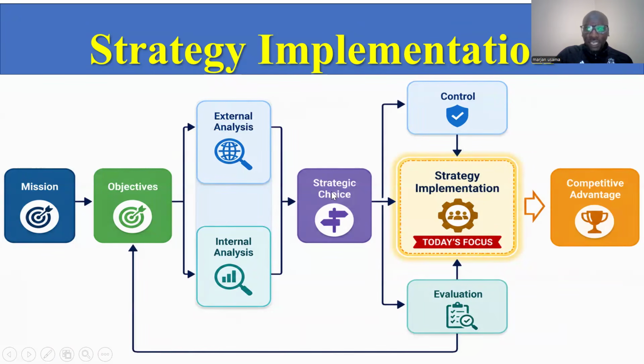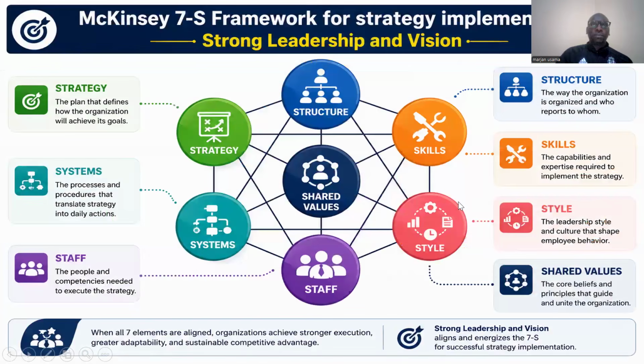I told you yesterday, from the mission to the strategic choice, this is what is known as strategy formulation. The second part, which we are covering, is strategy implementation. Next week we shall talk about strategy evaluation and control. That is what is remaining in our course.